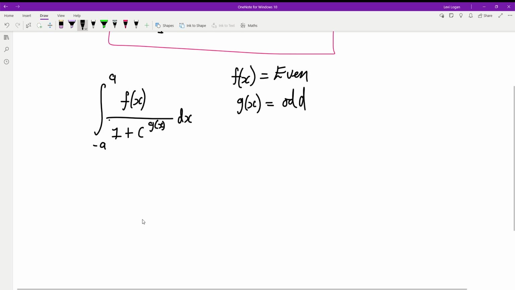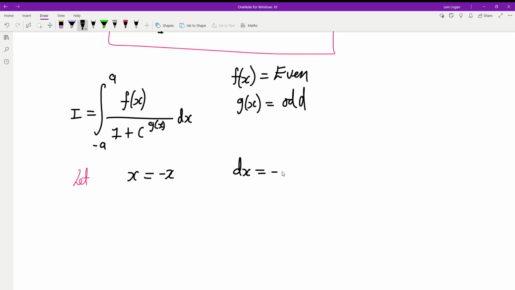So we can start by labeling this integral I, and we can start with a substitution. Let x equal -x, so dx equals -dx.